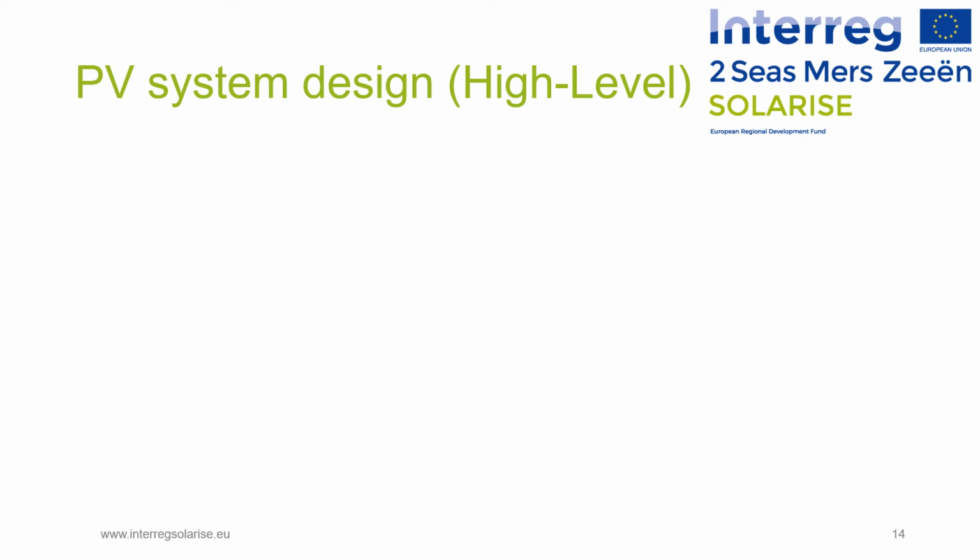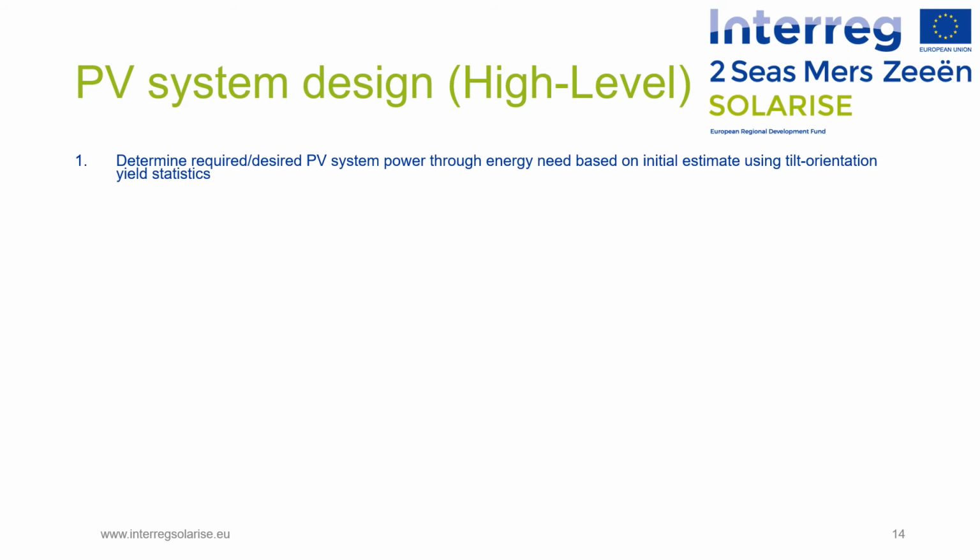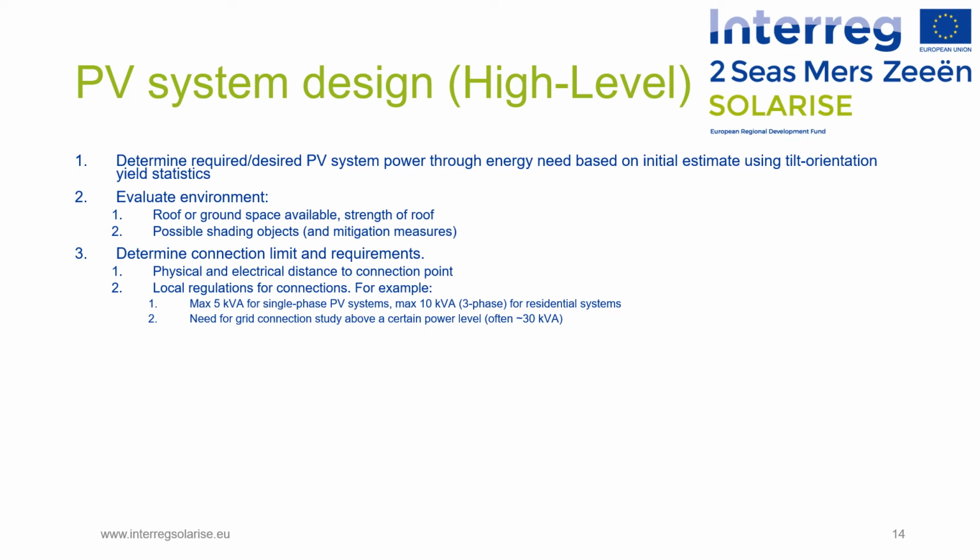If we look at a high-level view of a PV system design, you first determine the required or desired PV system power through the energy needs based on an initial estimate using tilt and orientation, yield statistics for a certain site. You then evaluate the environment, whether you have enough space available, if it is on a roof, whether the roof is strong enough, as well as possible shading objects.